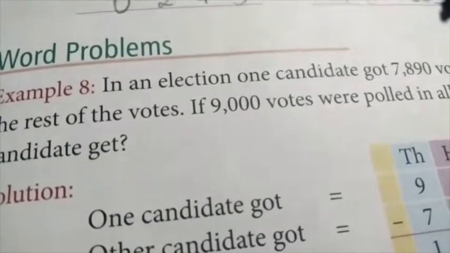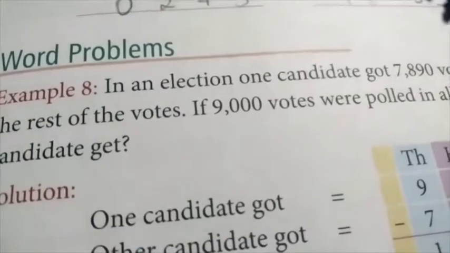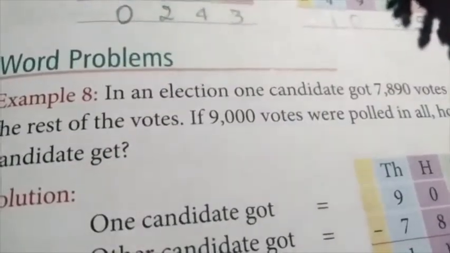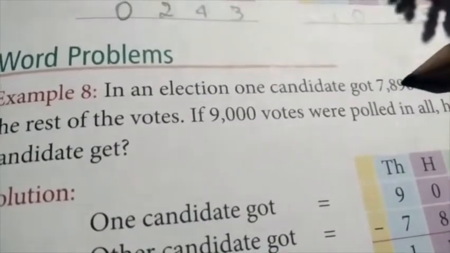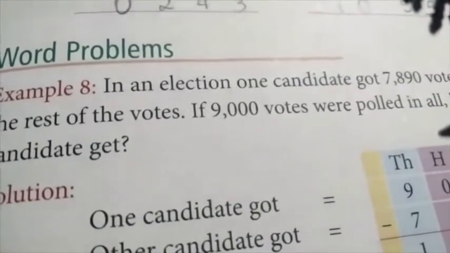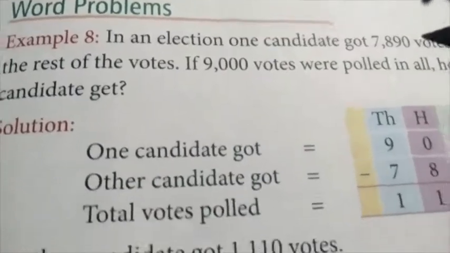So how many is with me? So what you do, you subtract 10 minus 5. Like that only, if 9,000 is the total votes and one candidate got 7,890 votes, how many votes did the other candidate get?